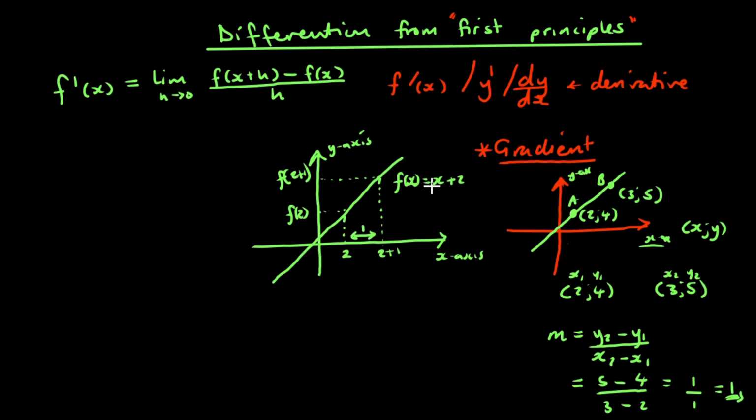So when we plug in 2, it's f of 2, and we get 2 plus 2, and the answer is 4. And this side, that's where you see that 4. When we plug in 2 plus 1, that's 3, so we need f of 3, which is equal to 3 plus 2. Where there is x, I'm now plugging in 3, and the answer is 5, like what you would see here.